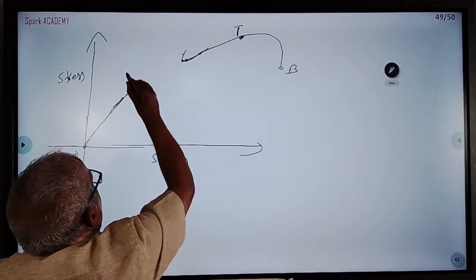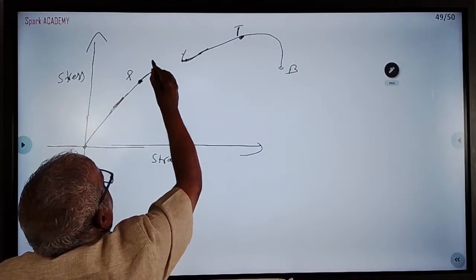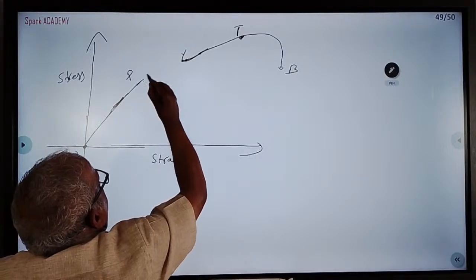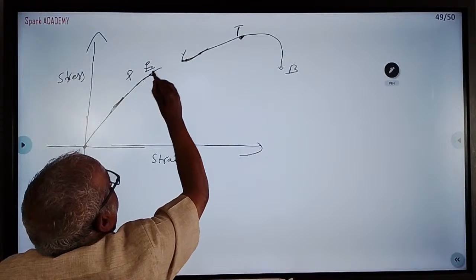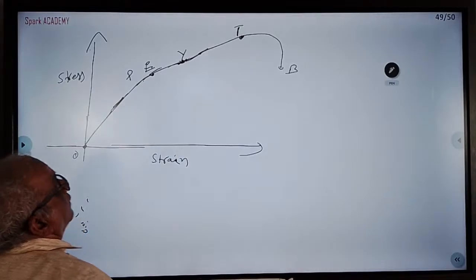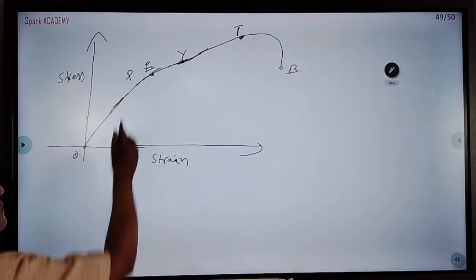This is the proportional limit. This is the elastic limit. This is the yield point, and the tensile point. So here I'll write one by one. I think this is clear.